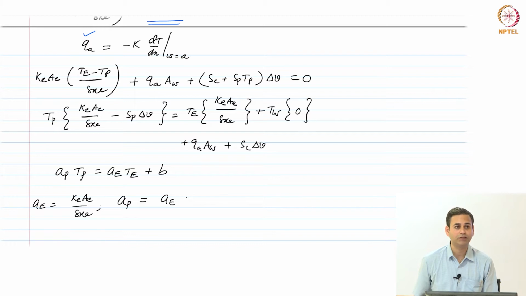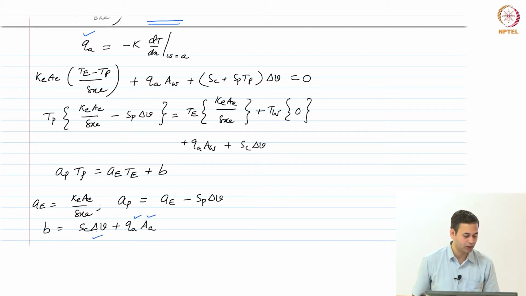A west is 0, so AP will be A east minus SP times delta V. What would be B? B would be SC times delta V plus QA times AW, or AA, both are the same. Q is known and the cross sectional area is known, so these all go to the right hand side. So far so good.